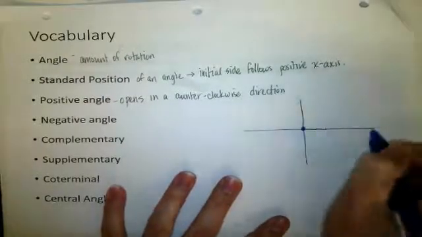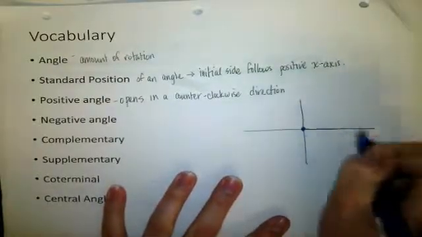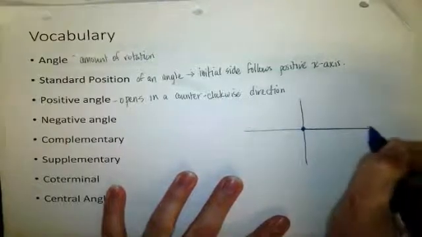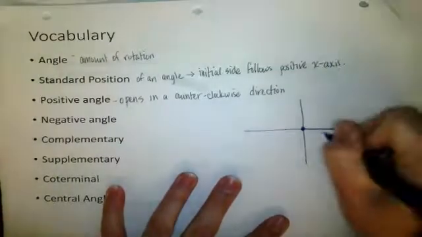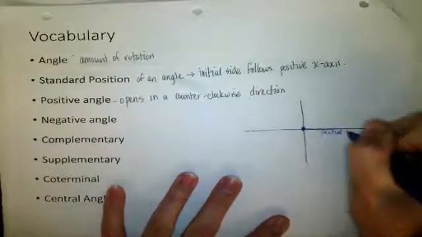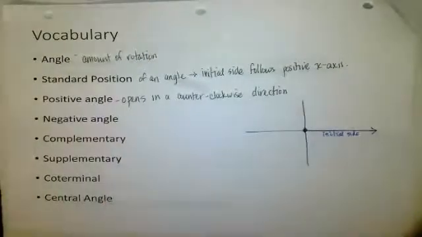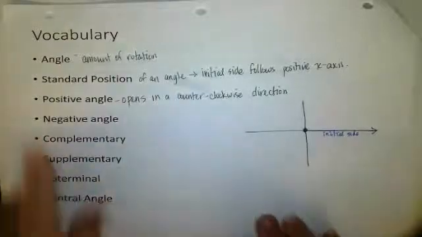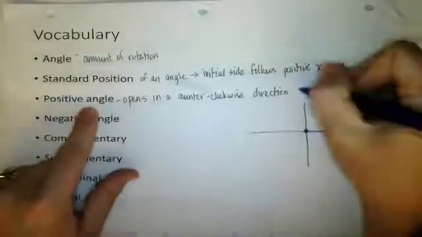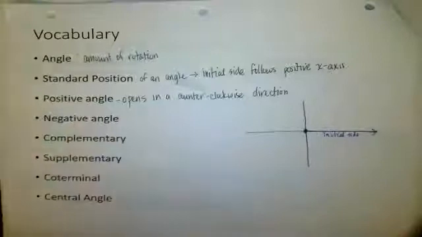So here is my initial side of my angle. Now let's say I want to draw the angle in standard position, and I'm going to ask you to give me a number between 10 and 200. 200. 25. 69.